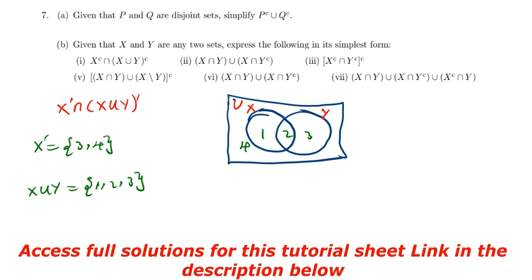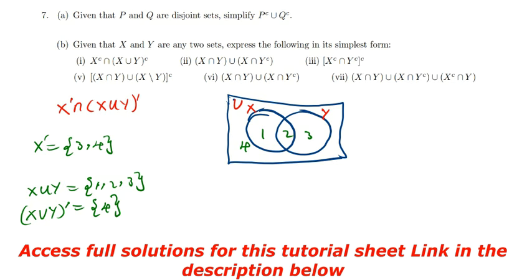Then we are saying our interest is X union Y complement. So elements which are not found in this set, but they are in the universal set. So except 1, 2, and 3, we're only going to remain with 4.